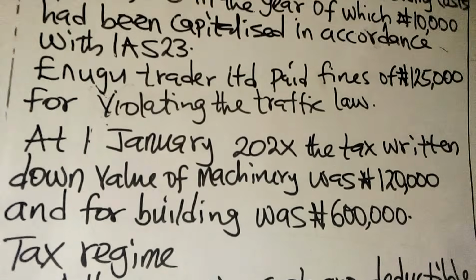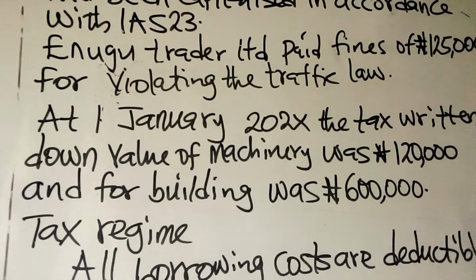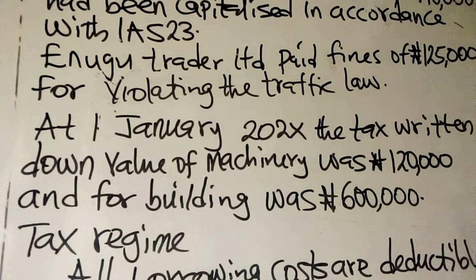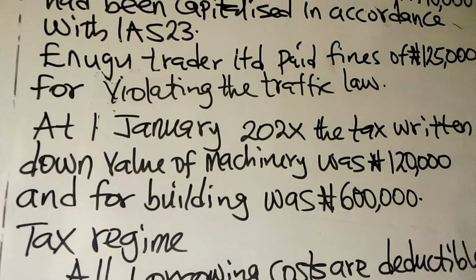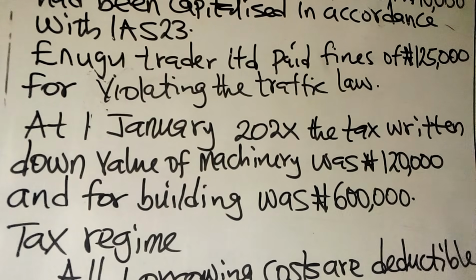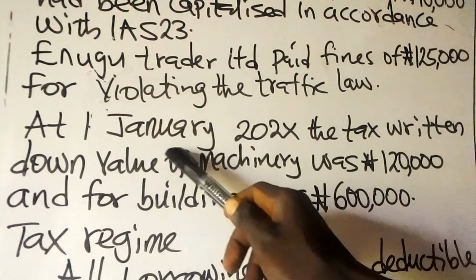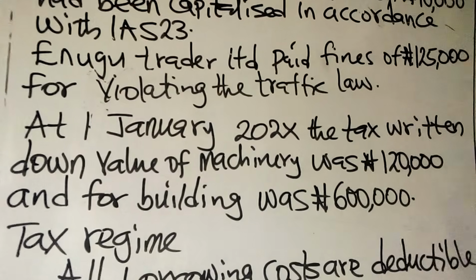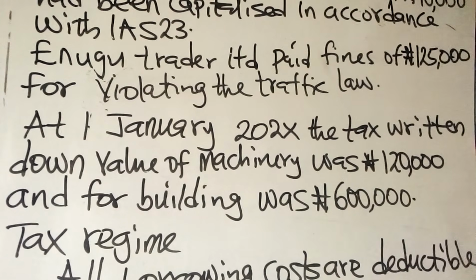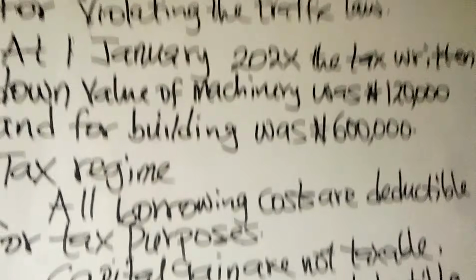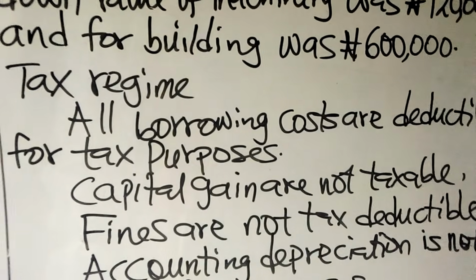Enugu Traders Limited paid fines of 125,000 naira for violating the traffic law. At 1st January 2022, the tax written down value of machinery was 120,000 naira, and for building was 600,000 naira. We have the following tax regime.